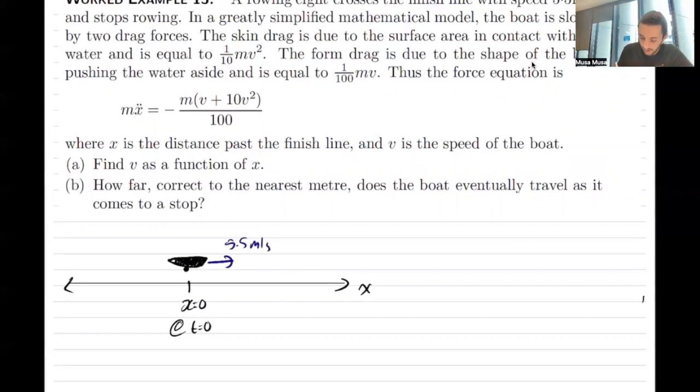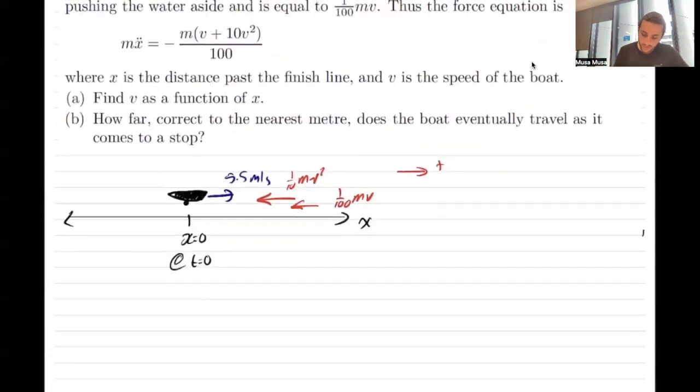But what's happening is you have these forces pushing it back, because obviously drag, just like friction, always opposes the direction of motion. Okay, so this is a tenth of mv squared. But then you also have another one which is equal to 100 mv, and because we define this way as positive, those have to be negative. Wonderful. It says find v as a function of x. So mx double dot equals minus mv plus 10v squared over 100.